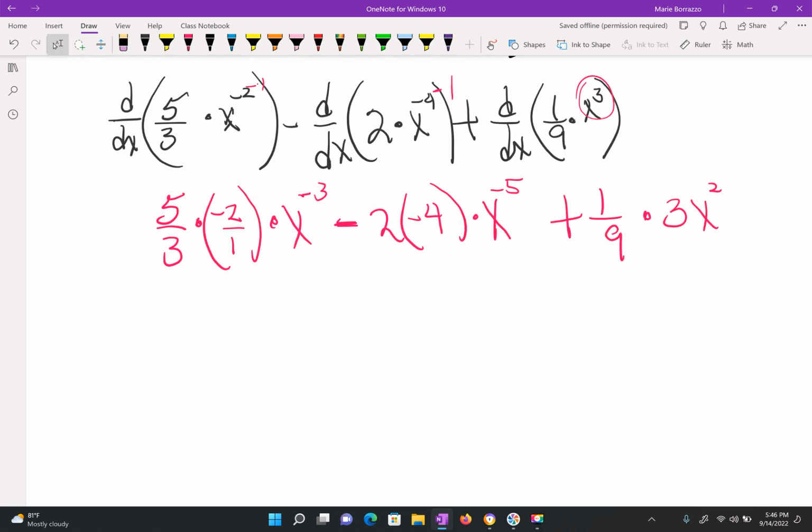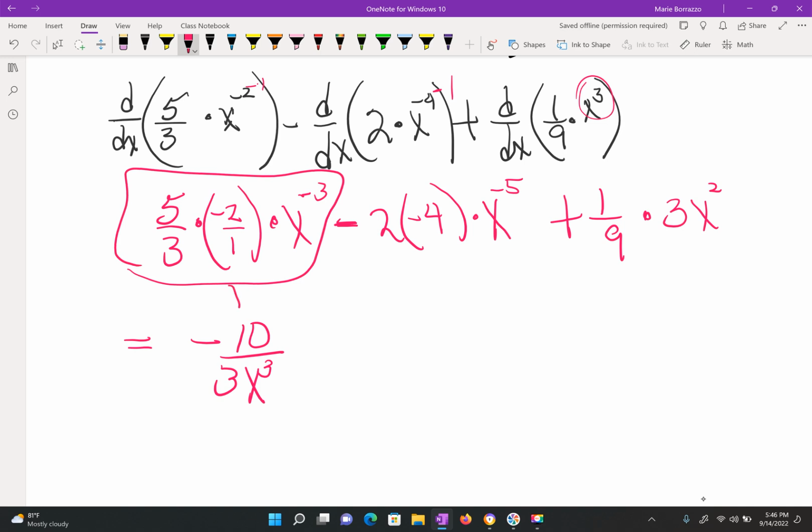So now you just distribute accordingly, so your final answer here will be -10 over 3, I'm sorry, I forgot the 3. -2 times 5 is -10, and then over 3, and then x to the +3, because we always correct that. So that's all of this. -4 times -2 is +8.